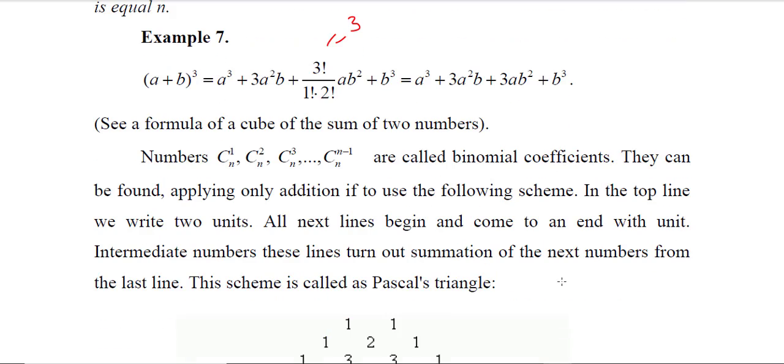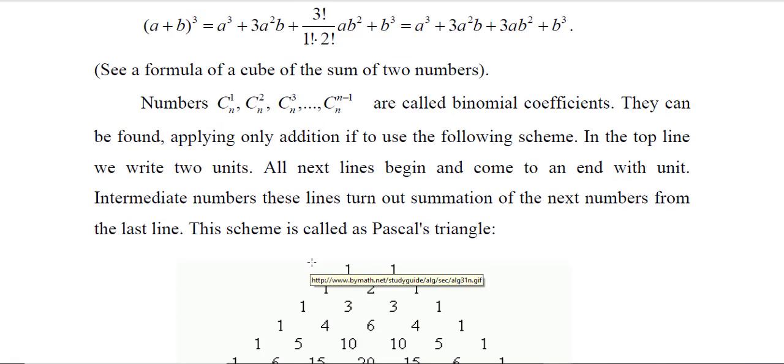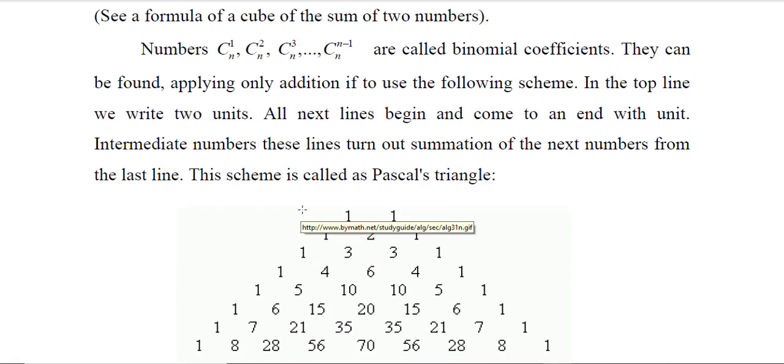These combinations are called binomial coefficients, and they can be found applying only addition, using the following scheme. In the top line we write 2 units, and all next lines begin and come to an end with units.